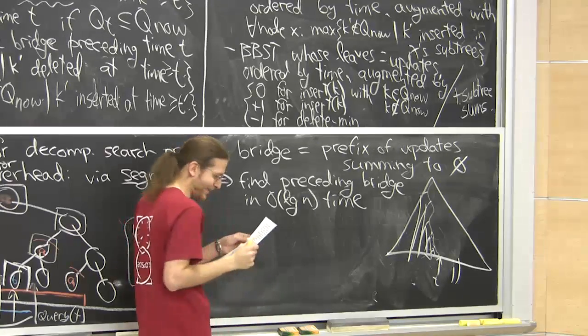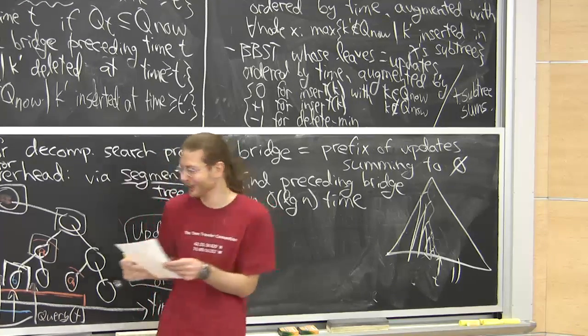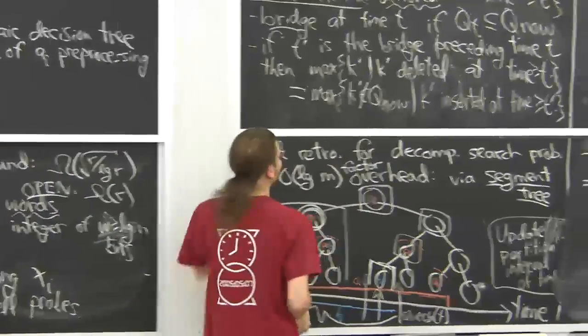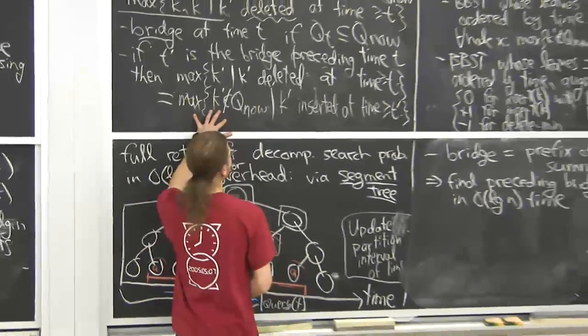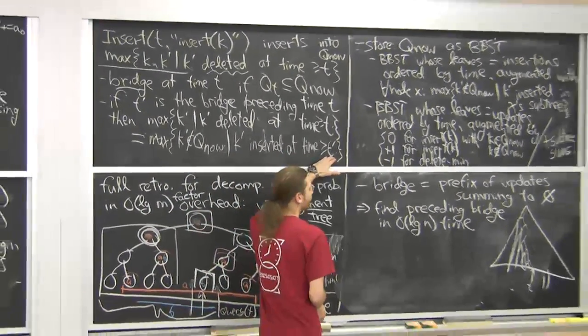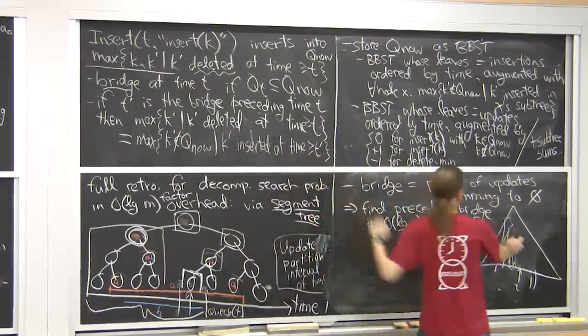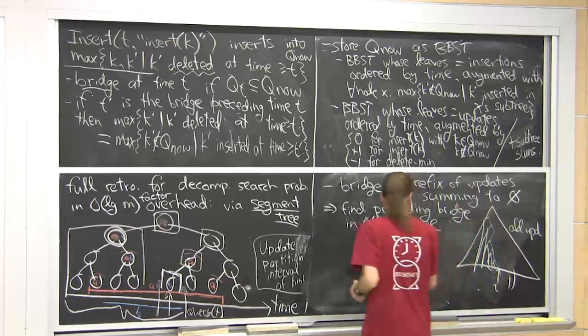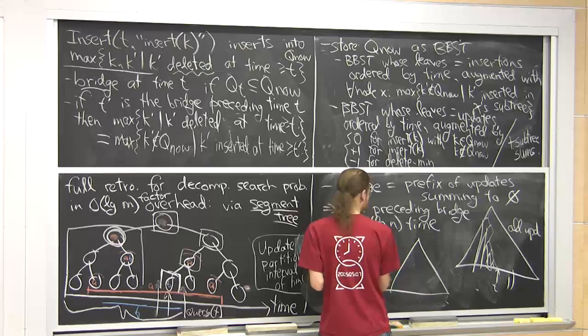Then you can compute the change to Q now. How do we compute the change to Q now? We have to compute the max of all the keys that are inserted after time t prime. So this was the tree of all updates, and we have another tree, which is just the tree of insertions.